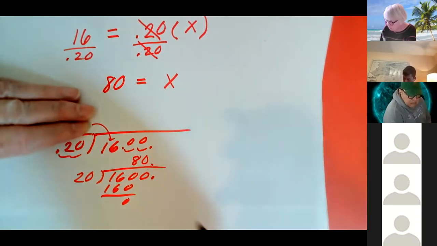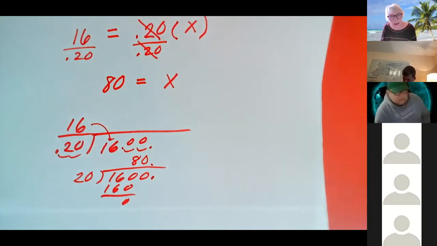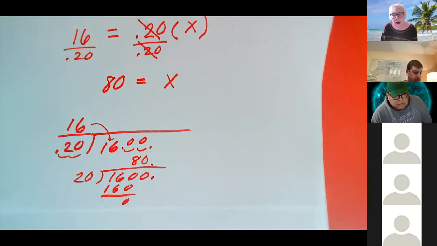Okay, the decimal was there. Any question about that? The minute you do a problem, the minute I do a problem, I can say, oh, I would have been better off doing another way. But how many ways do you want to do it so that you can figure out the most perfect way to do a problem? You don't, do you? You want to have a consistent way to do things.